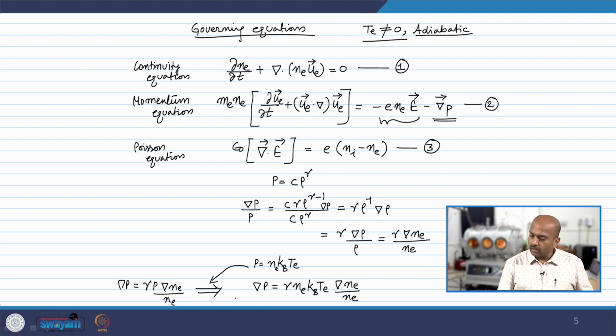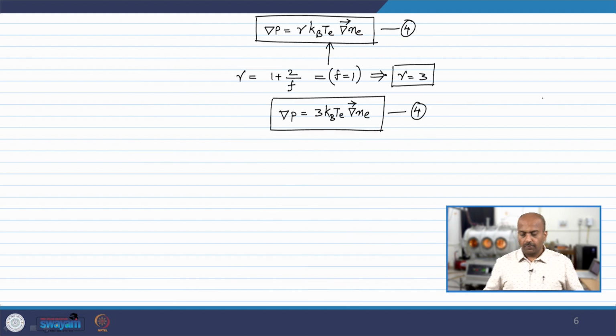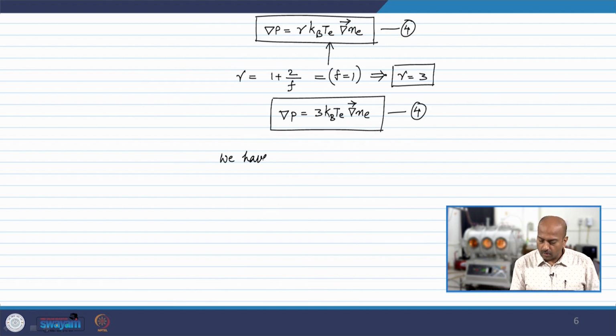So, we can now write delta P as minus 3 Ne kB TE and delta Ne, right. Let us say this is equation number 2. So, we have to solve equations 1, 2 and 3.